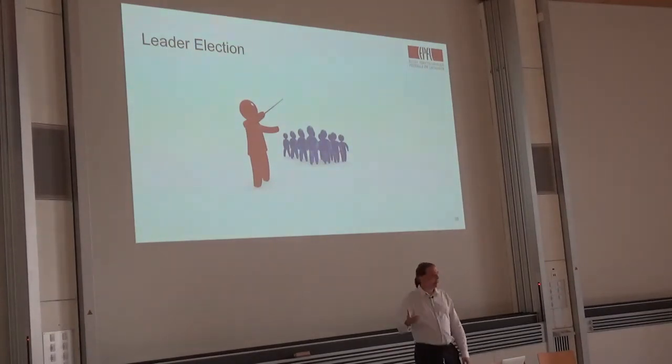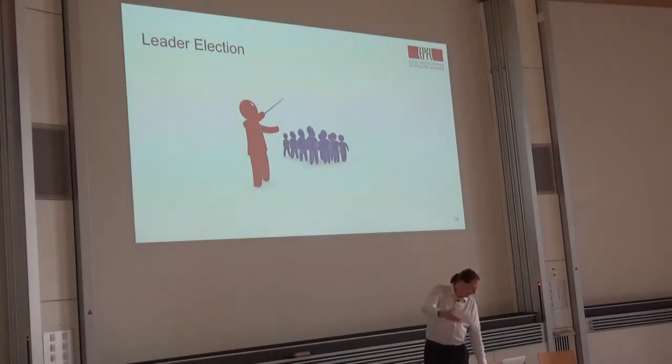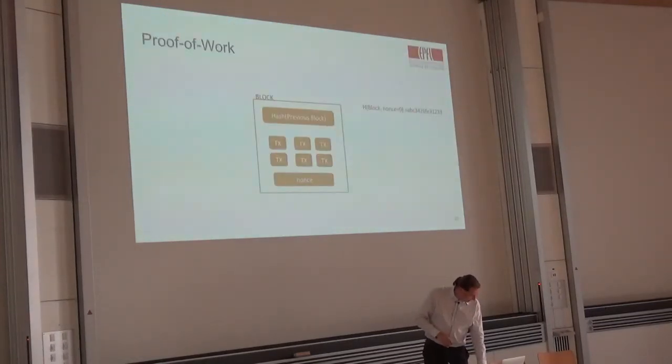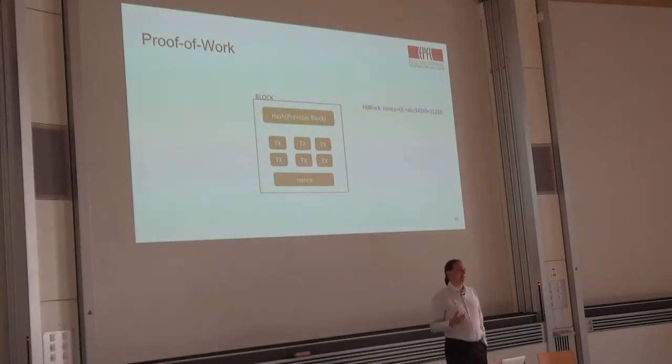So a leader is just somebody that proposes a value. Now the leader doesn't have power. The leader has to go around and convince everybody to sign on with his proposal. But the point is the leader takes the initiative and proposes some value. And in Bitcoin, the leader is known as a miner. And miners are just temporary leaders, right?